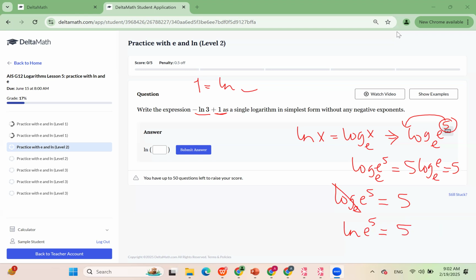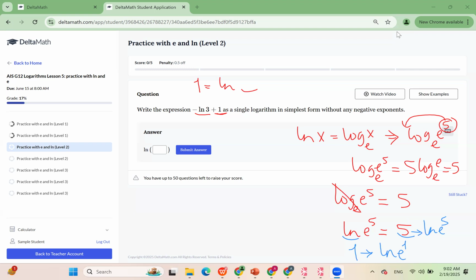So if we want to write 5 in terms of ln, we can just write it as ln e power 5. How would that work for 1? I have 1 and I want to write it in terms of ln of something. So I can just write it as ln e power 1, because I know that this will give me 1 at the end.